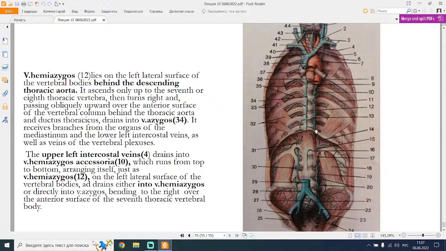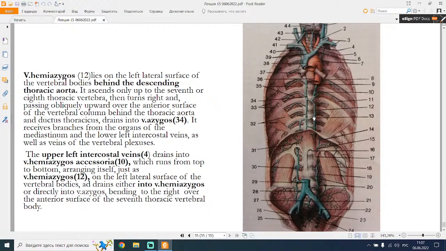It ascends only up to the 7th or 8th thoracic vertebra, then turns right, and passing obliquely upward over the anterior surface of the vertebral column behind the thoracic aorta and ductus thoracicus, drains into vena azygos.